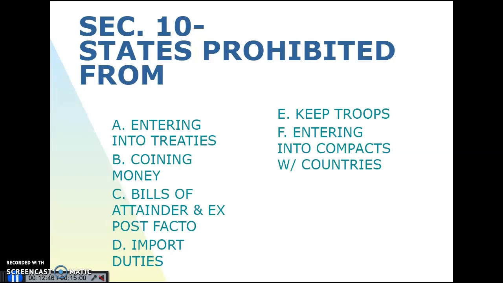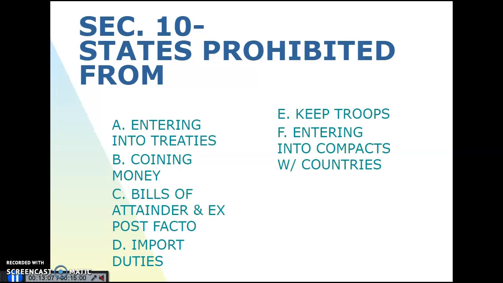So states cannot tax things coming into their states from other states or from other countries. So here you have that regulation of interstate trade we talked about in the Articles of Confederation, where states were taxing other states' goods coming in. Okay, this prohibits them from doing so.